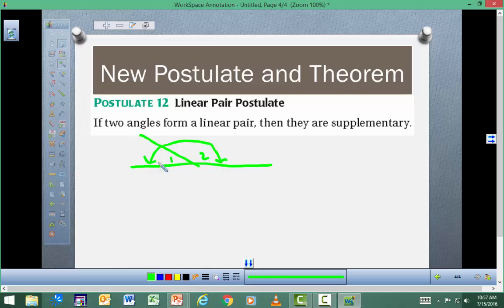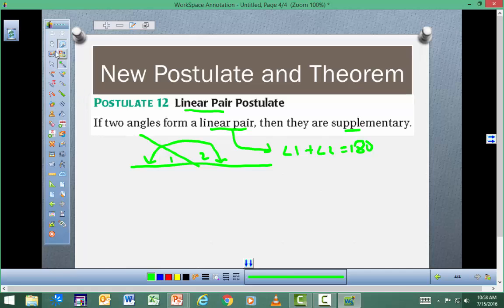What does supplementary mean? It says angle 1 plus angle 2 is equal to 180. So in our proofs, this will give us the opportunity to write an equation. Anytime you have a linear pair, you're going to write a statement like that.